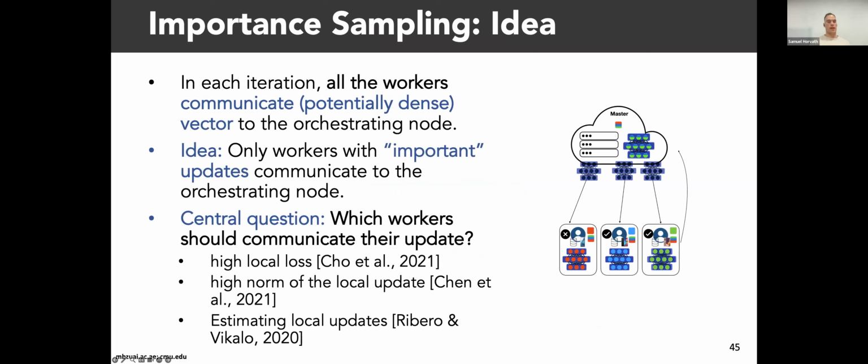There might be the ones that have high local loss, so they didn't solve the problem very well, or maybe they have a large update. Or we can try to estimate local updates and, based on that, minimize the variance, as proposed by Ribero and Vikalo in 2020. This relates more to standard importance sampling strategies for machine learning.